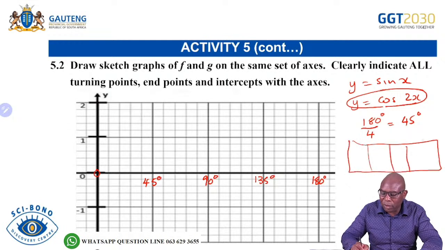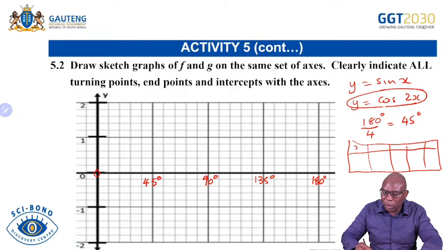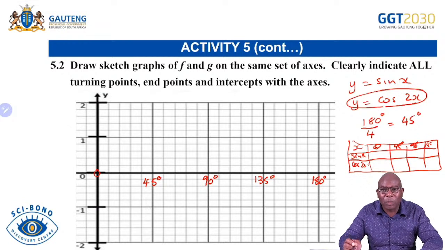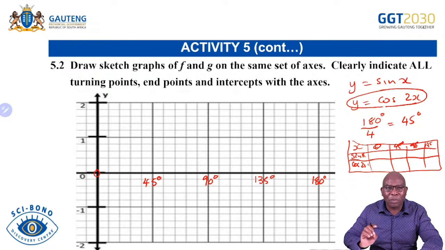And from there you have all the values, your x values, and you can have your graph sine x and your graph cos 2x. You substitute first by 0, by 45, by 90, by 135, by 180. Or you can use your calculator and just put those 2 graphs together. Then you are able to get the points. Your step will be 45, so that then you get all your points.